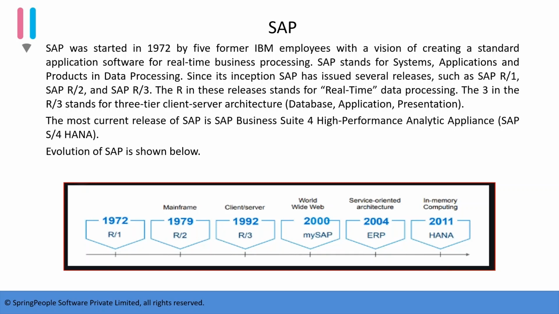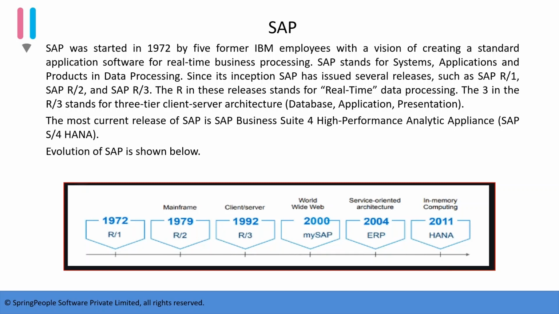Now, what do you mean by real-time business processing? Real-time business processing means a real-time live telecast. If any of you are interested in cricket, there was a cricket match yesterday between India and Australia.